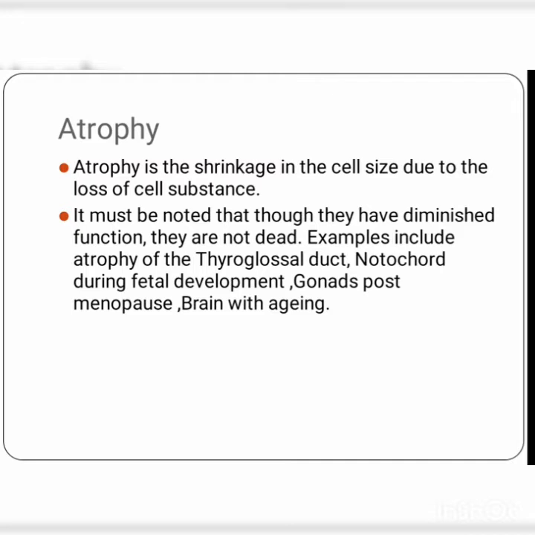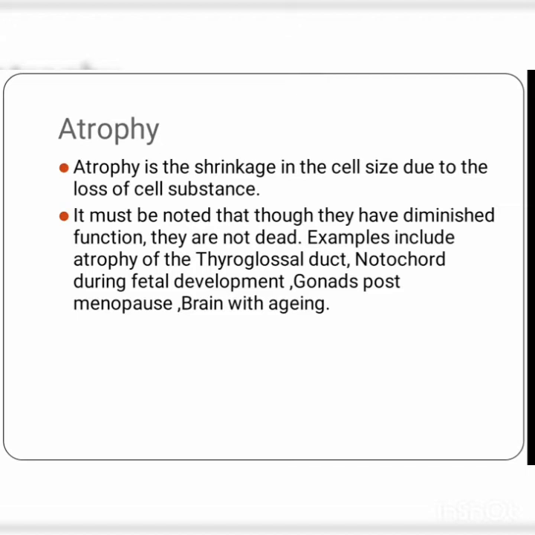Atrophy can be physiological and pathological. First, the physiological atrophy. It occurs during the early stage of development and during the aging process, which is called senile atrophy. Some examples of physiologic atrophy are the atrophy of thyroglossal duct and notochord during fetal development, atrophy of gonads after menopause, and atrophy of brain with aging.